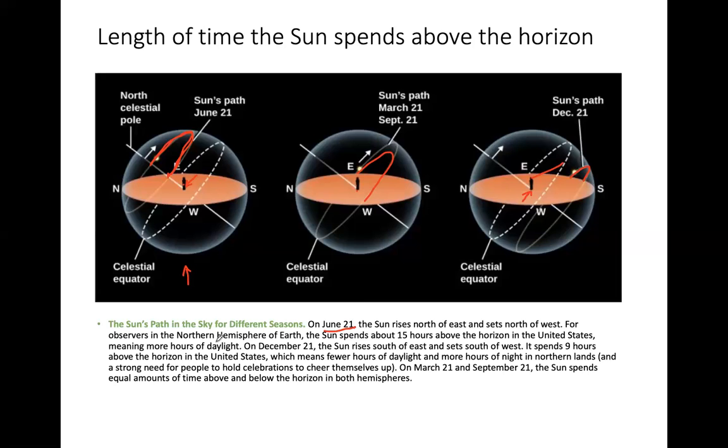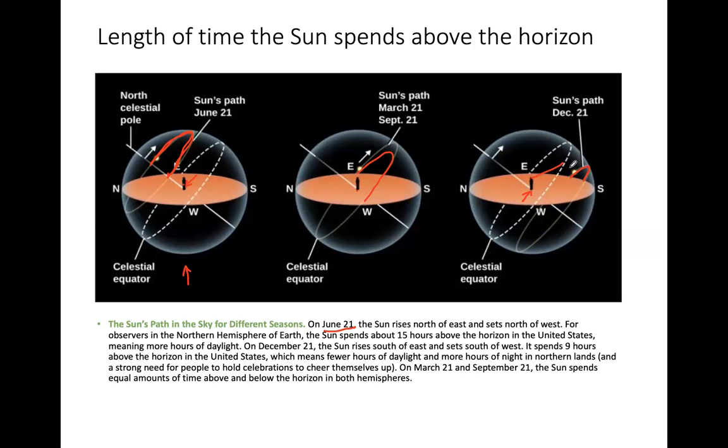And the sun's path in the sky at different seasons is what I have explained here. For observers in the northern hemisphere of the Earth, the sun spends about 15 hours above the horizon, as I told you above, meaning more hours of daylight. This is the first diagram. And on December 21st, the sun rises south of east and sets south of west.